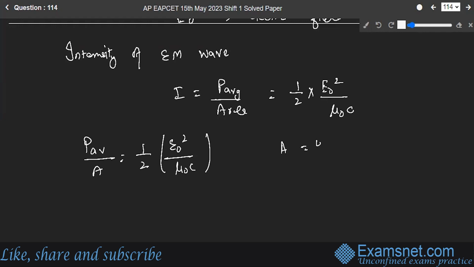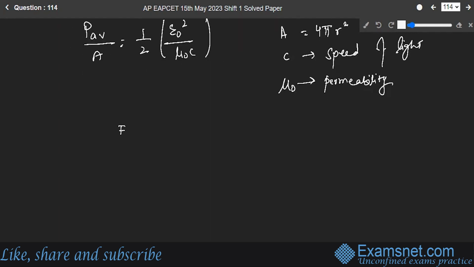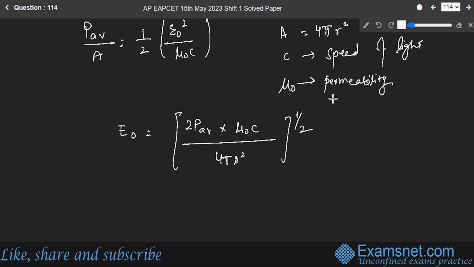See here, A is area is equal to 4 pi r square. C is the speed of light, and this is the permeability. So E naught will be equal to 2 P AV into mu naught C upon 4 pi r square, whole to the power 1 by 2.